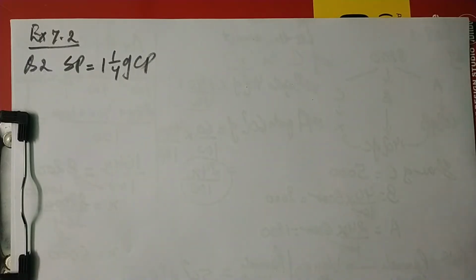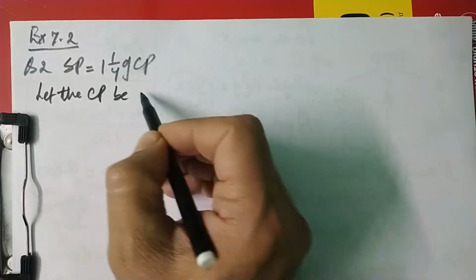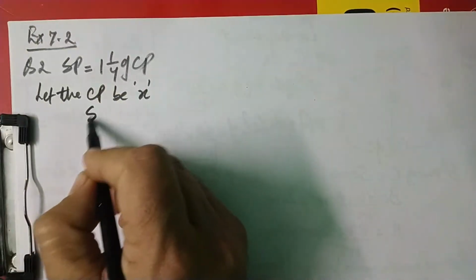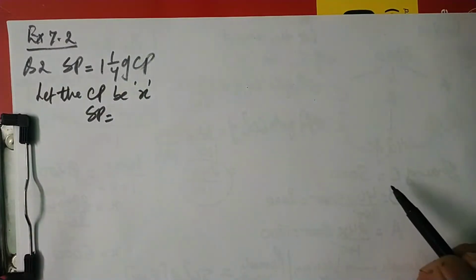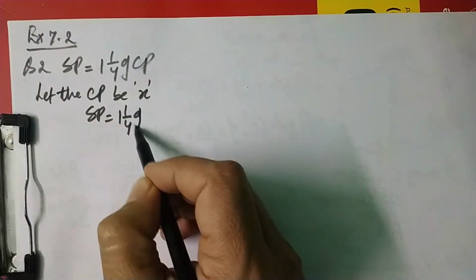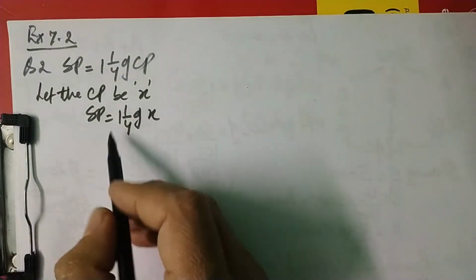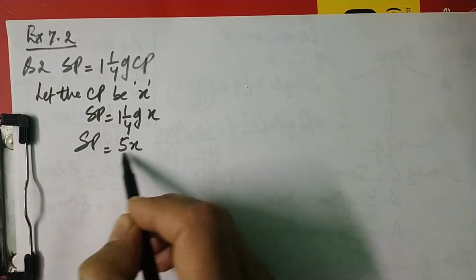You will suppose, let the cost price be X. You can take X, you can take CP as CP only, but if you take X, selling price will become 1/4 of X, which means the selling price will become 5x upon 4.